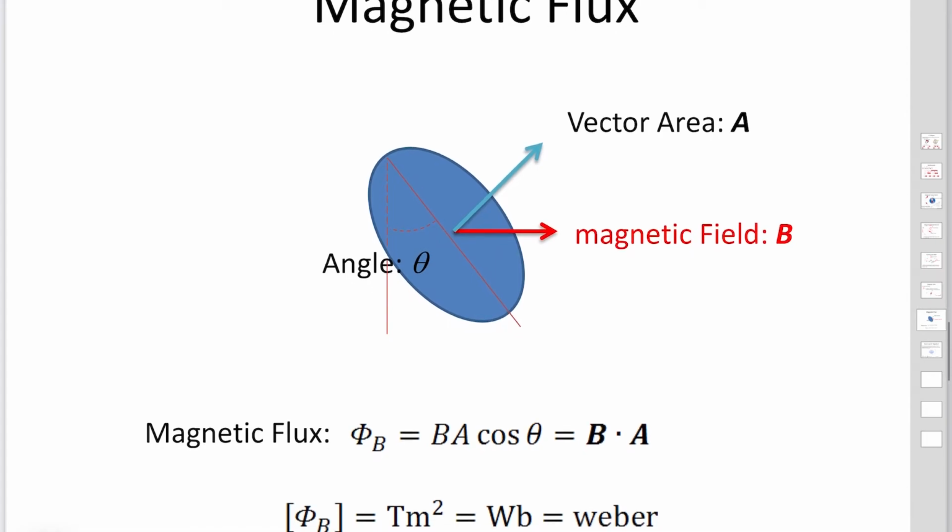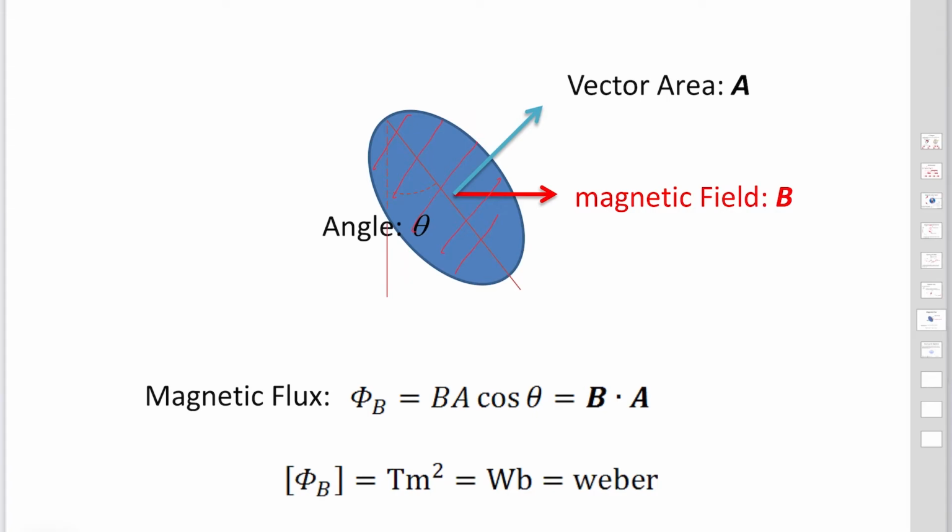The magnetic flux can be defined very similarly to electric flux. So if you consider magnetic flux through these areas, you can consider the scalar product of B dot A. Magnetic flux is defined with a scalar product.